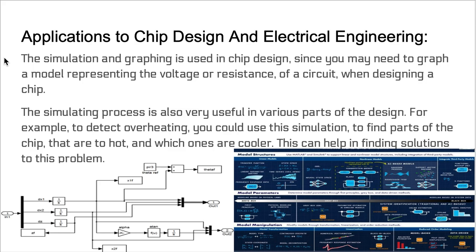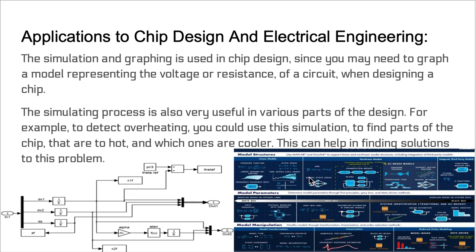You also might have to simulate systems and how they behave, as discussed earlier. An example of that would be to detect overheating. When you simulate the chip, you can detect overheating and see which parts of the chip are too hot, normal, or cooler. You can see all those things.